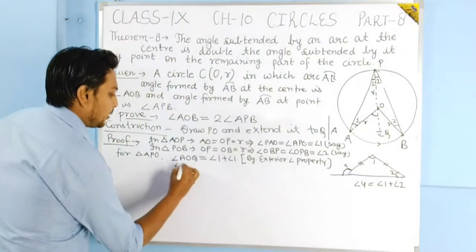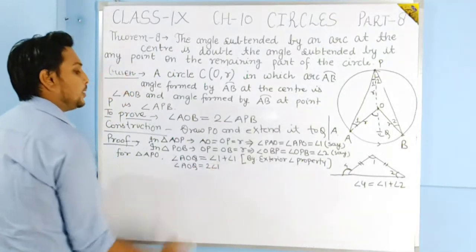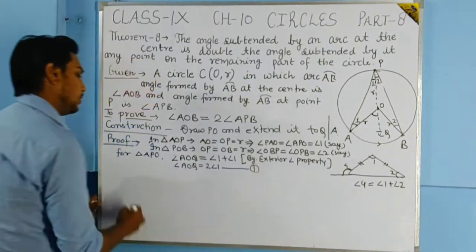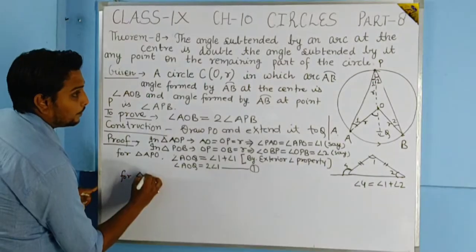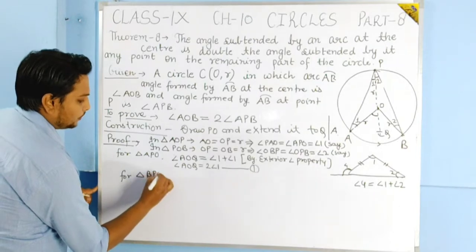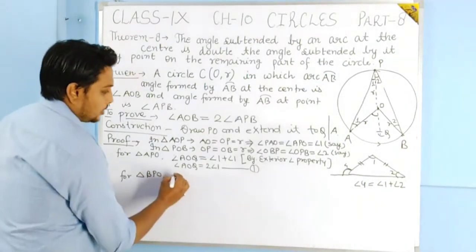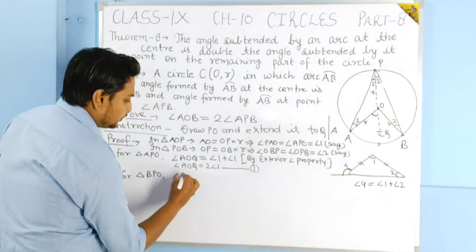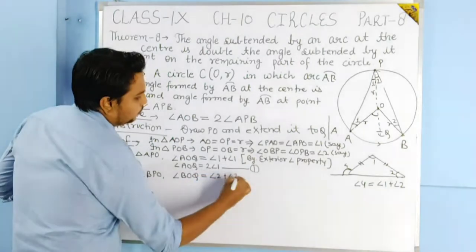So we can write that angle AOQ is equal to 2 into angle 1. Suppose it is equation number 1. Now, for triangle BPO, angle BOQ is equal to angle 2 plus angle 2.